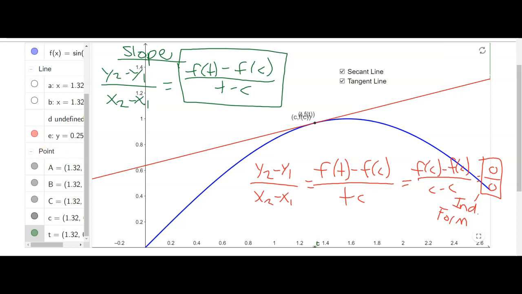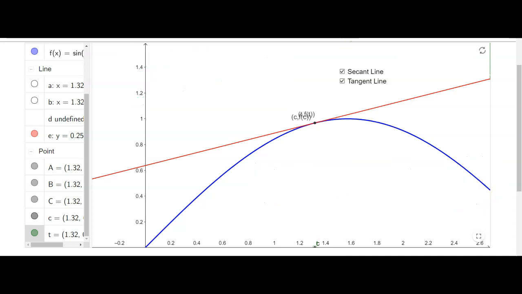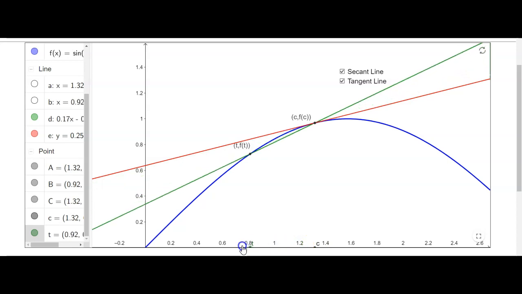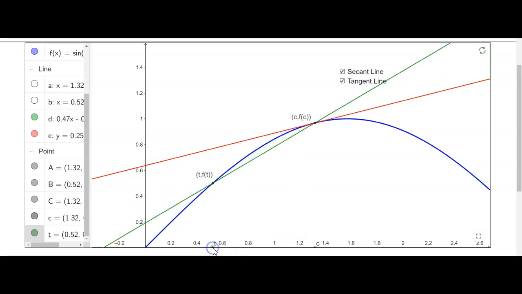Let's think about this problem from a slightly different angle. So let me get rid of this, and let me move my secant line farther away from my tangent. Okay. So I may not be able to figure out the exact value of the slope of the secant line when my t and c values are the same, which means I'm unable to use that method to find out the slope of the tangent line.